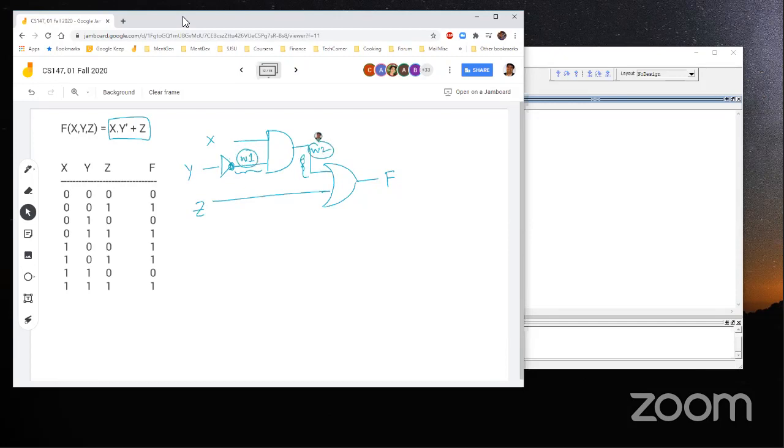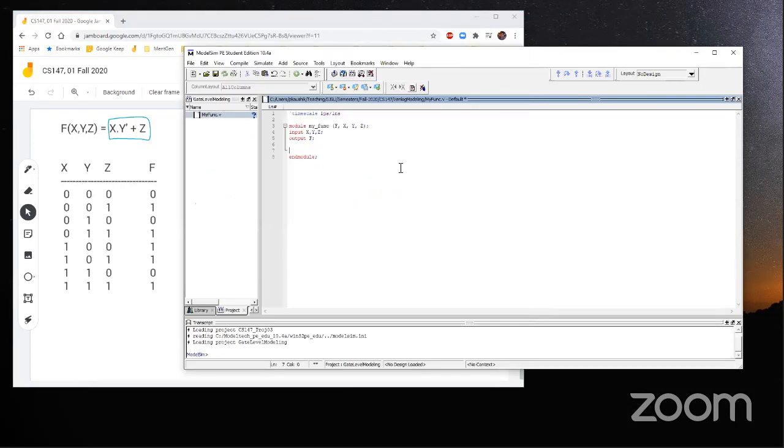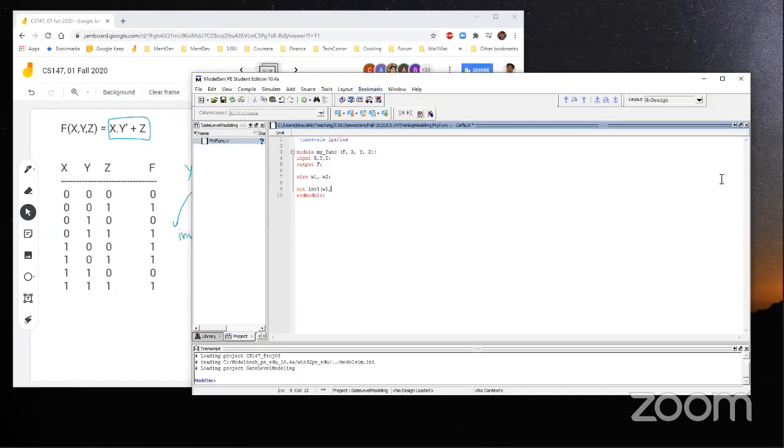Now I can do something like not, a gate type followed by the name of the instance. We are naming this instantiation of the not as inverter1, which has an output W1.